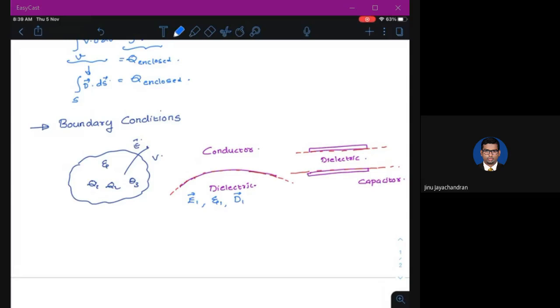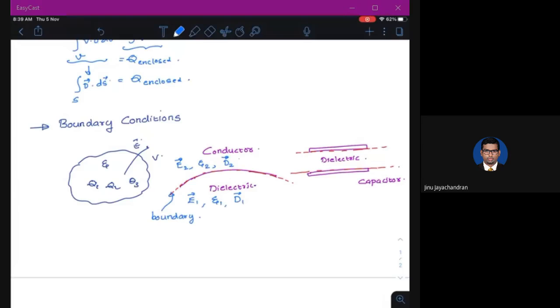When you cross this medium to the conductor, it might have a different electric field E2, a different permittivity epsilon 2, and a different electric flux density D2. Okay, that is when you cross that boundary.